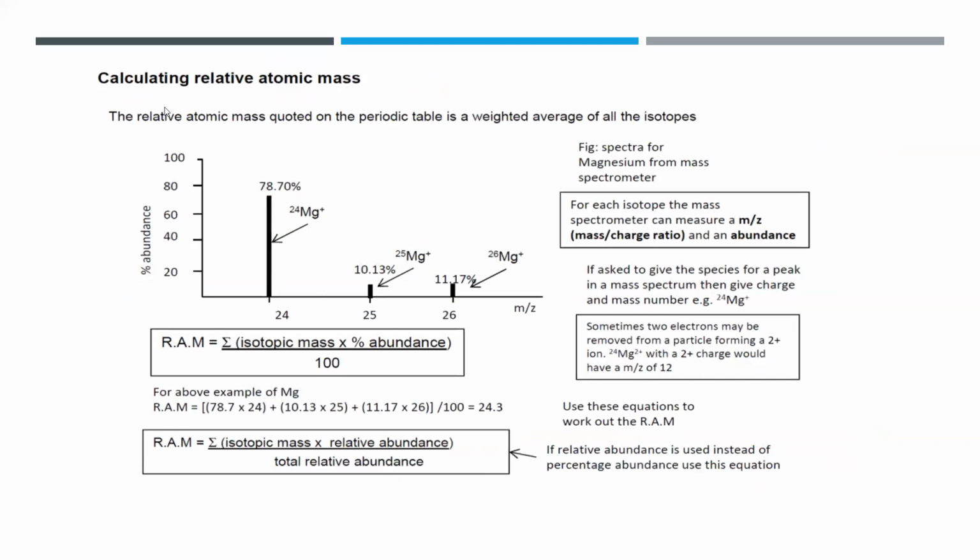So for example, this is the result of a mass spectrum of magnesium. We are getting a peak at 24, a peak at 25, and a peak at 26.